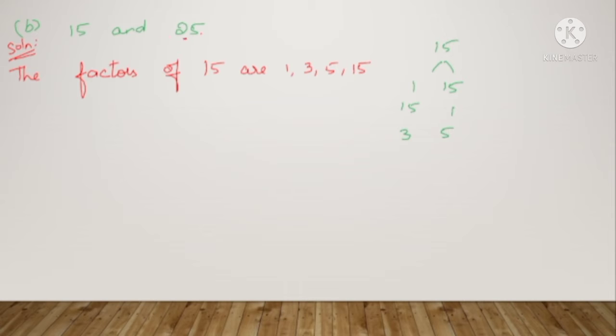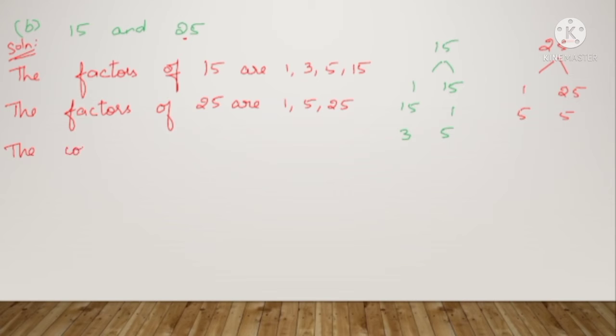Now we have to find the factors of 25. 1 25s are 25, 25 1s are 25. Next, 5 5s are 25. Therefore, the factors of 25 are 1, 5, 25. Now we have to find the common factors.